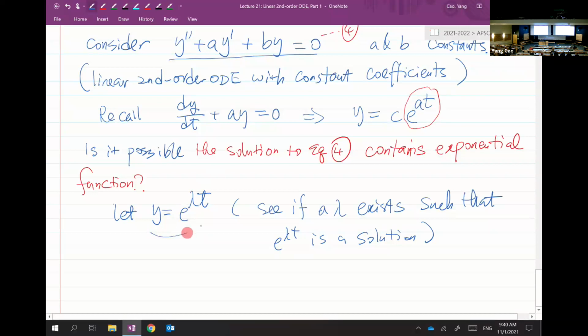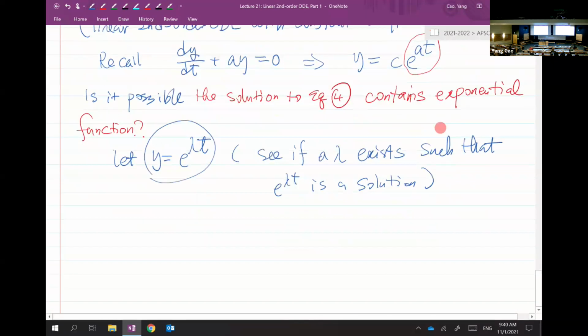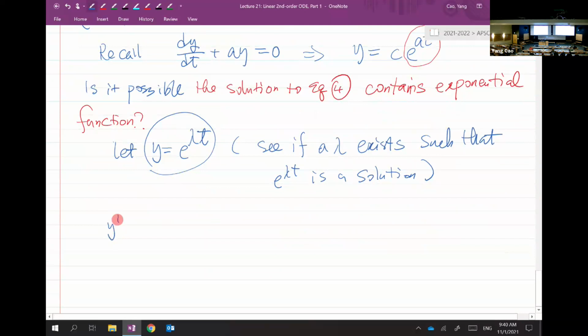So we need to plug this back into equation 4. Equation 4 involves y, so that's good, we plug y right here. It also has y prime and y double prime, so I need to calculate y prime and y double prime first, and then we do the substitution.